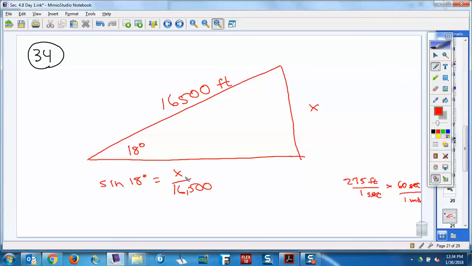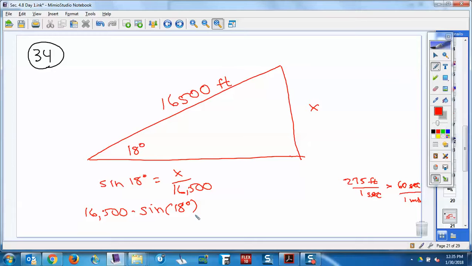I don't care if you just stop with that and then go to your calculator right now. It's going to be 16,500 times sine of 18. I do want you to set up your original equation. Like on the test, I want to see sine 18 equals x over 16,500.